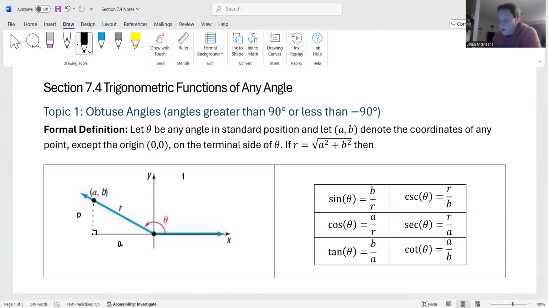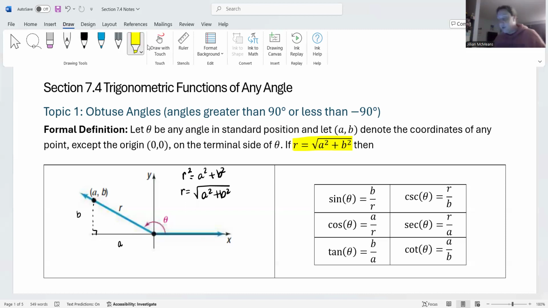Using the Pythagorean theorem, we know that r squared, which is acting as the hypotenuse, is equal to a squared plus b squared. If I wanted to solve for r, I would take the square root of both sides, which tells me r equals the square root of a squared plus b squared. So that's what's happening right here. They've really just used the Pythagorean theorem to come up with the length of r.